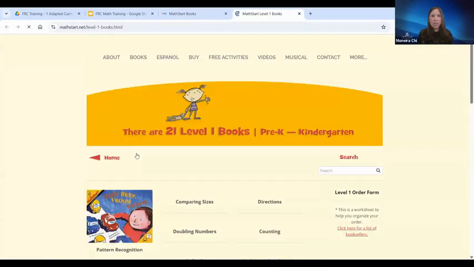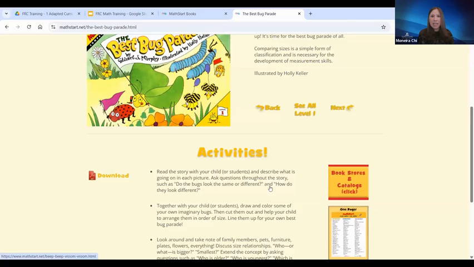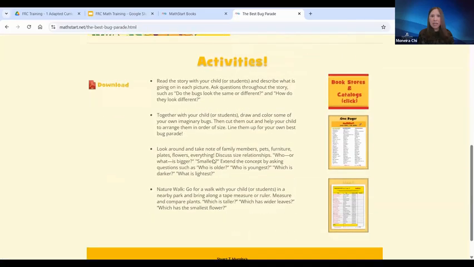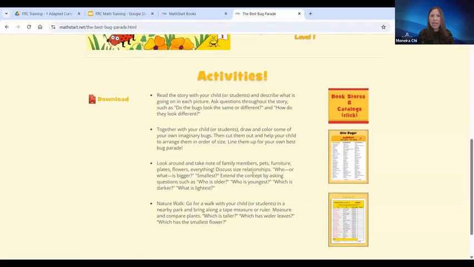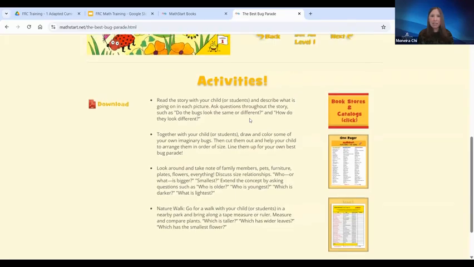But I can pull one up and show you that once you do have the books, any that you might want to pull up, say comparing sizes, they include a list of activities that you can download and do with your child. So maybe you're going to read the story and then you're going to refer to these cool activities or download the activities here that align with that math concept.